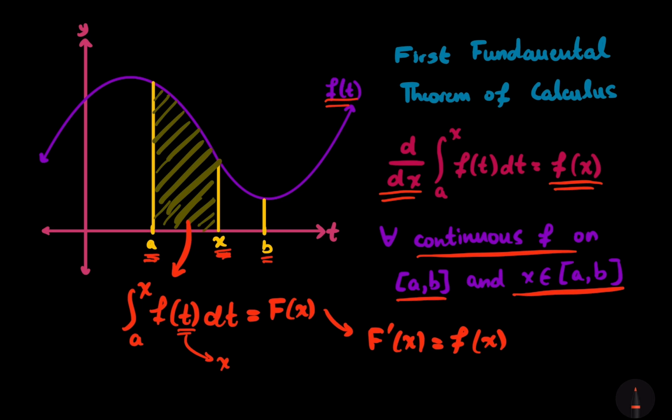The reason why this is very important is because it helps us think about the integral in a different way now. We used to think about the integral as purely the area under the curve of a given function. But now what this tells us is that the integral is basically the antiderivative. So if a function is continuous, then that function has an antiderivative, right?